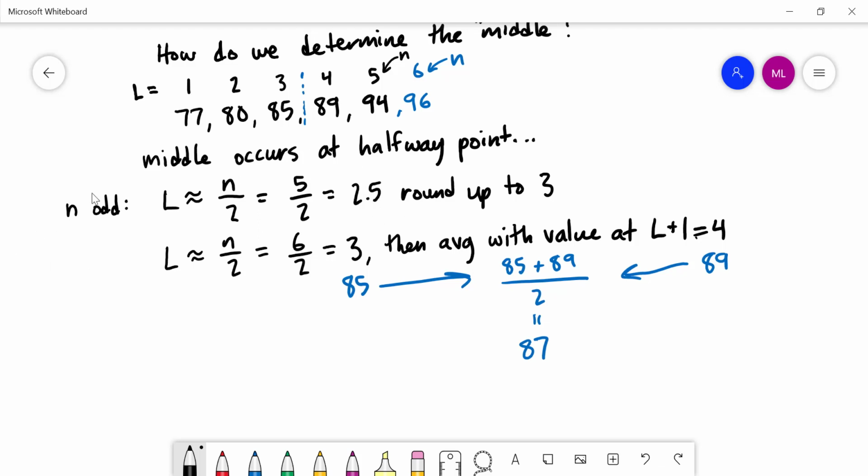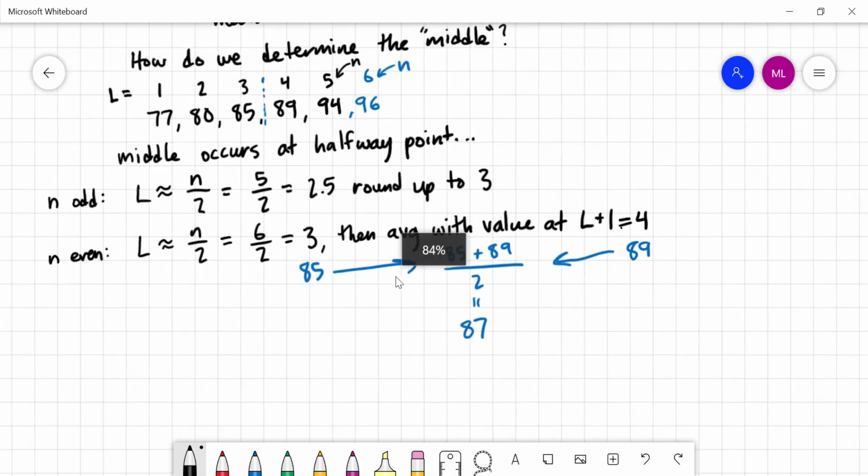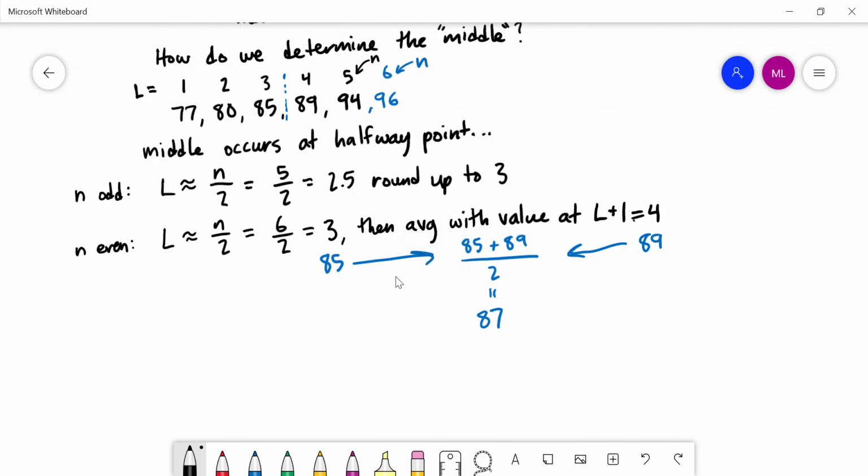If n is even, then we'll always get a whole number. Whenever we wind up with a whole number, you can't just look at the value at that whole number. You have to look at the value at that whole number plus the next value in the list. So not just at 3, but also at position 4. So we have two different rules. If n is odd, we do one thing. If n is even, we do another thing. This is how we find the median of our list. So hopefully that makes sense.